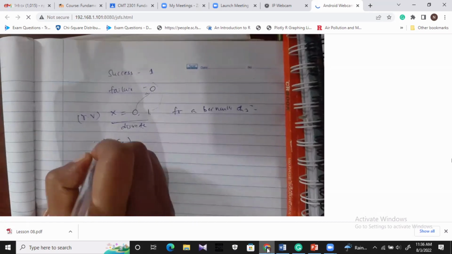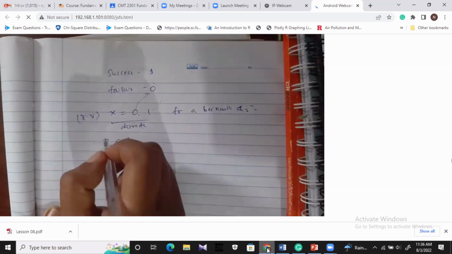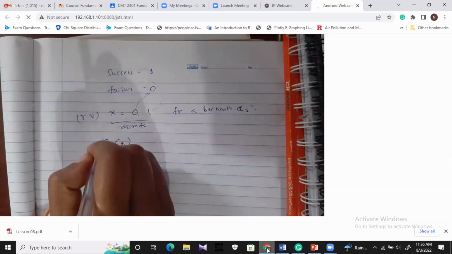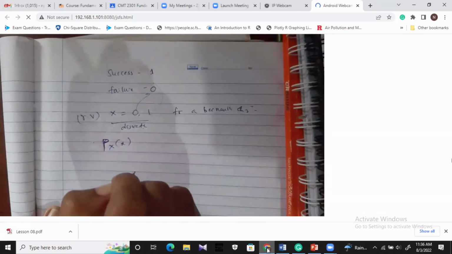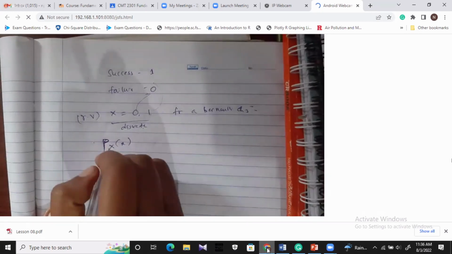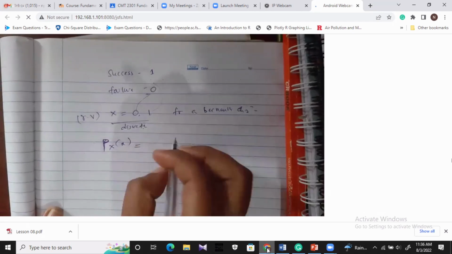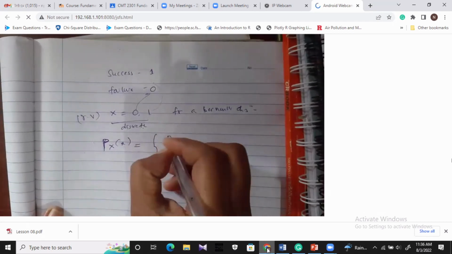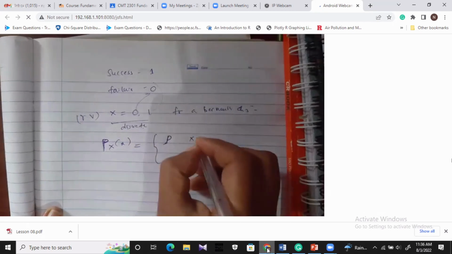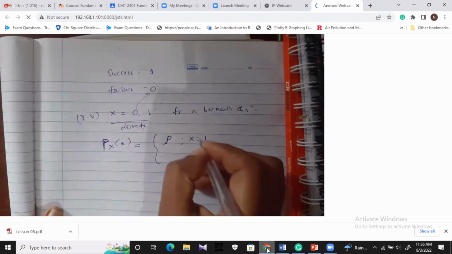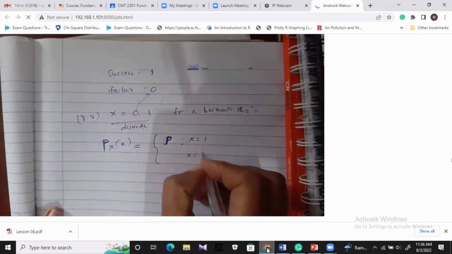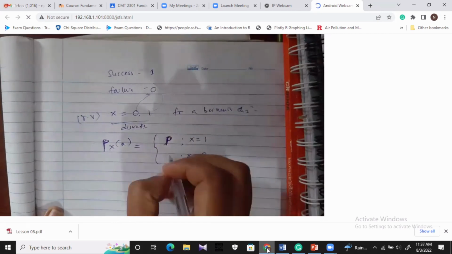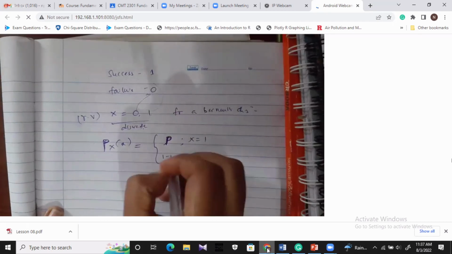And if we have a discrete random variable, we would write the probability mass function using capital P, P(x). So that is equal to simple p when x equals 1. If it is a success, I told you, we take simple p to represent the probability of a success. If it is a failure, the probability of a failure is 1 minus p.